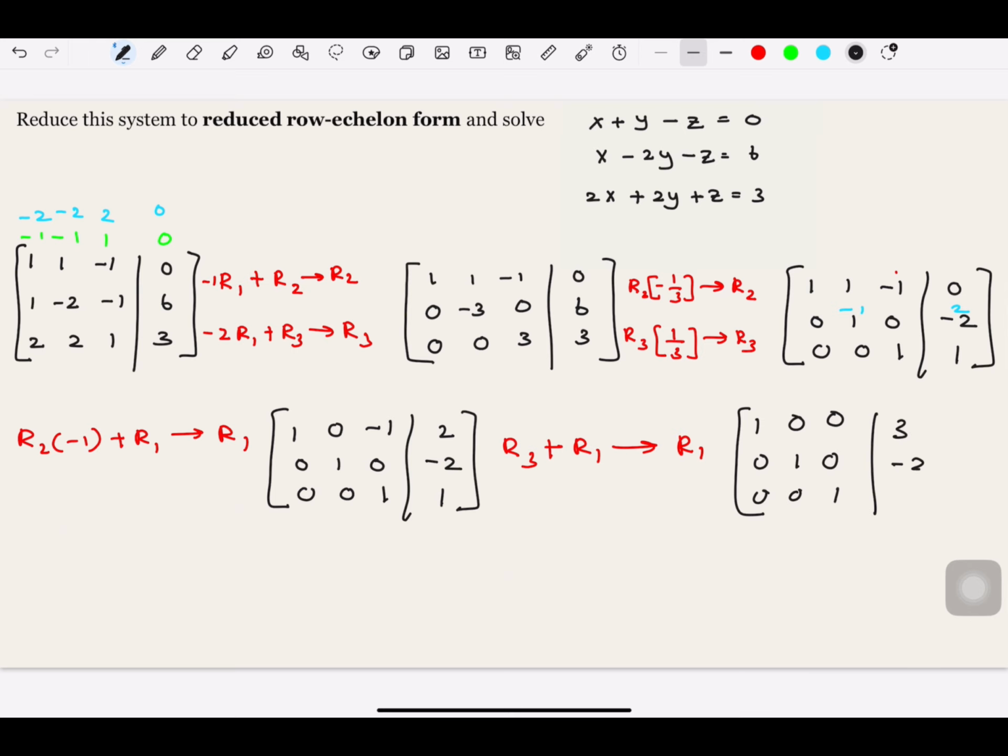It's a -2, 1. So now this system is in reduced row echelon form. You can directly take the answers from this system. This system says x equals 3, y equals -2, z is equal to 1.